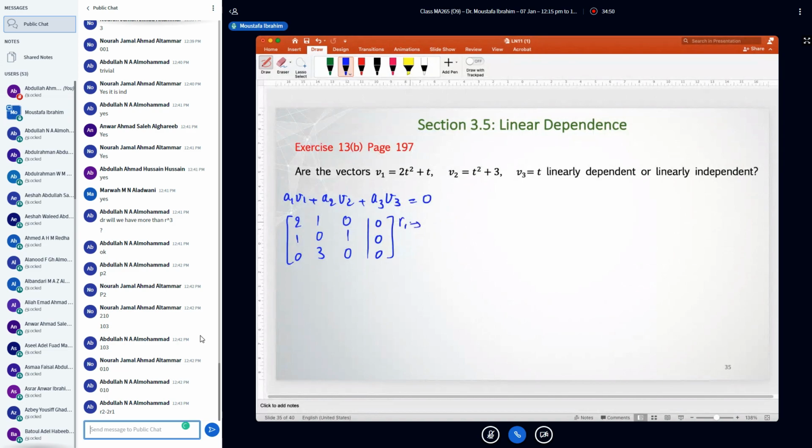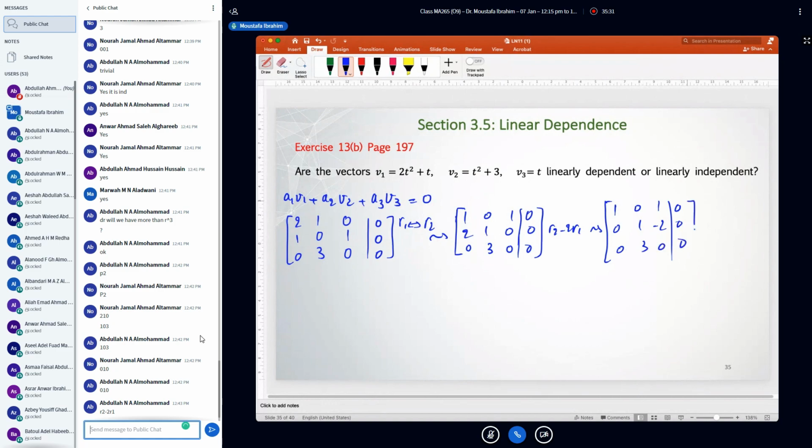Now we interchange R1 and R2. Right, Abdullah? 1, 0, 1, 0, 2, 1, 0, 0, 0, 3, 0, 0. Now R2 minus 2R1, as we said. 1, 0, 1, 0, 0, 1, minus 2, 0, 0, 3, 0, 0.